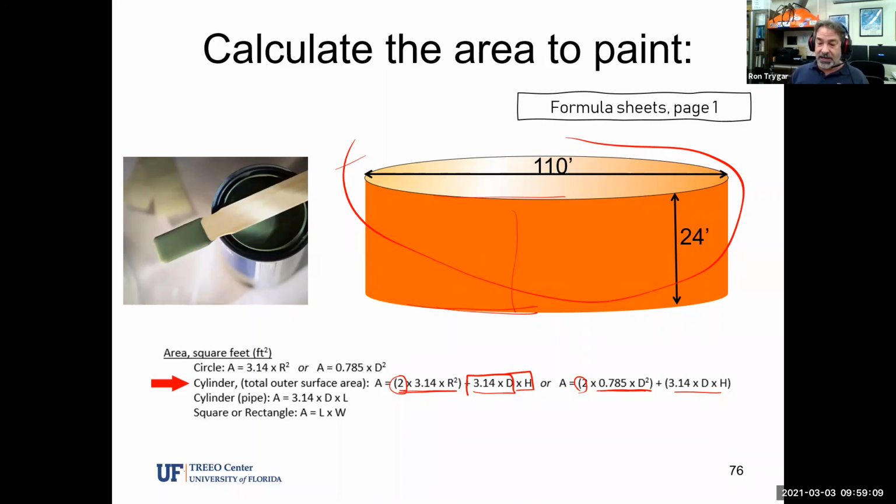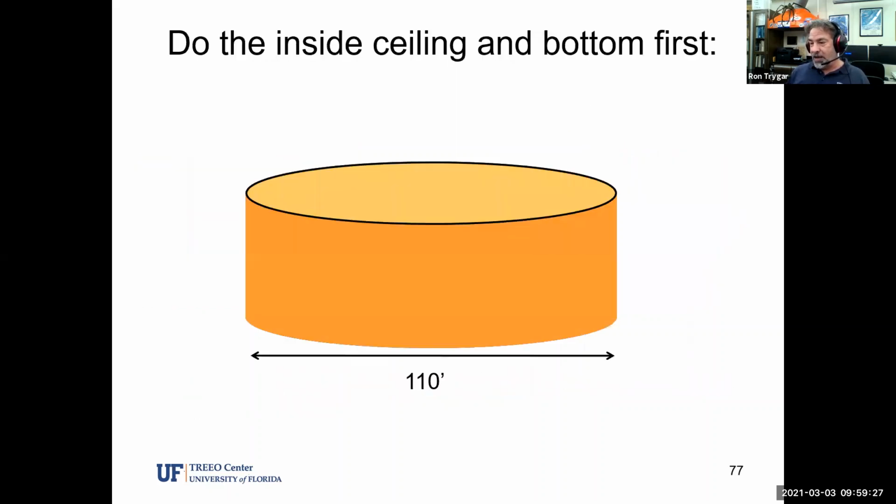If you're going to try to get this right on, say, an exam or in a quiz situation, you want to do your best at this and make sure you can conceptually see what we're trying to paint. All right, so let's take it step by step. My first segment of this is we're going to do the inside ceiling and the bottom floor.